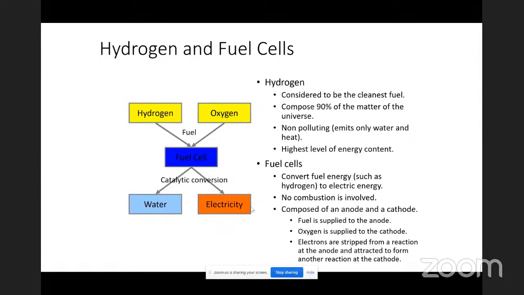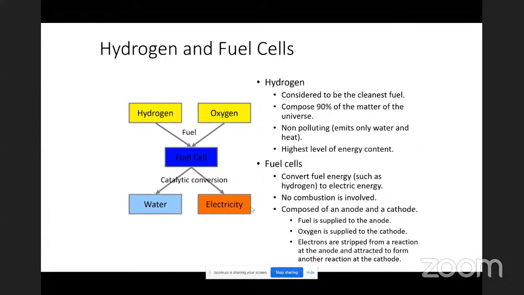So yeah, why is it being given so much importance? Like I said, it is considered one of the cleanest fuel forms. Fossil fuels are one of the major contributors of carbon dioxide and pollution, and with any other forms, the efficiency becomes very low. So this is considered one of the cleanest and most efficient forms of energy.